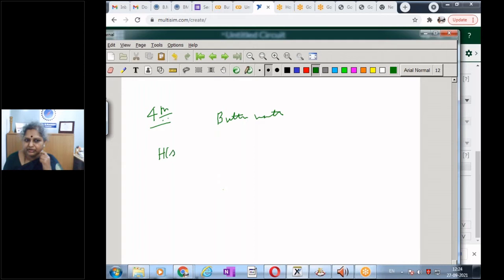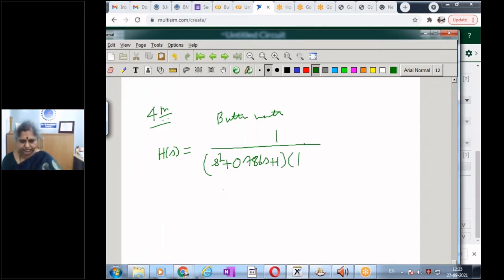And what is my polynomial? People had given the polynomial as 1 by s square plus 0.765, plus 1. And what was the other constant? s square plus 1.848, is it there in the chat box? Let me check.